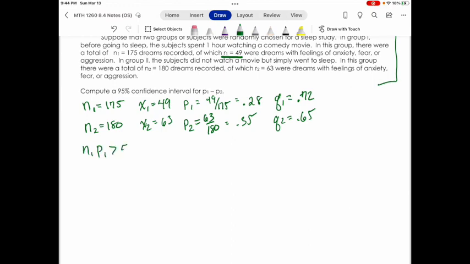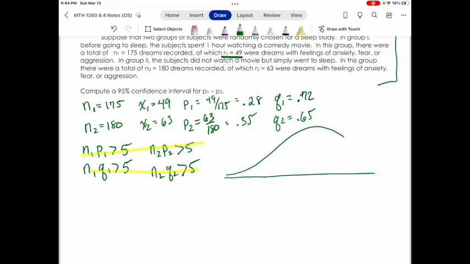And if you remember, to do that, we have to check that the sample size times P1 and Q1 is greater than 5, and the second sample is big enough by checking N2 times P2 and N2 times Q2 is greater than 5. You can verify that on your own. I'll let you do that, but I could tell you it does work. So we can go ahead and use the normal distribution to estimate.